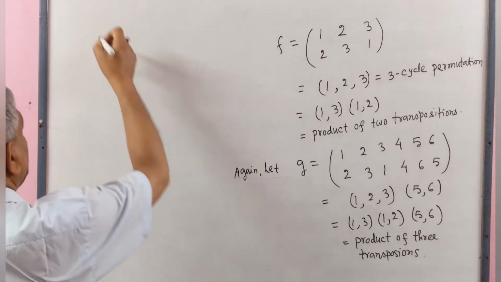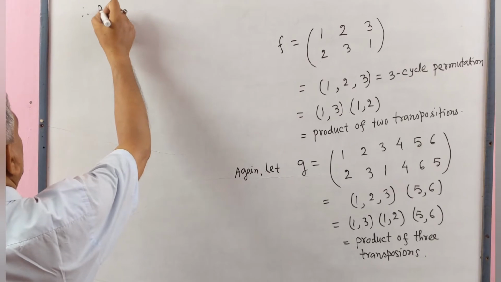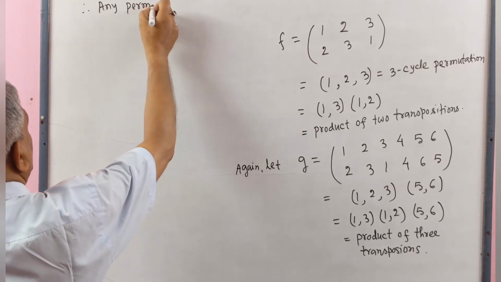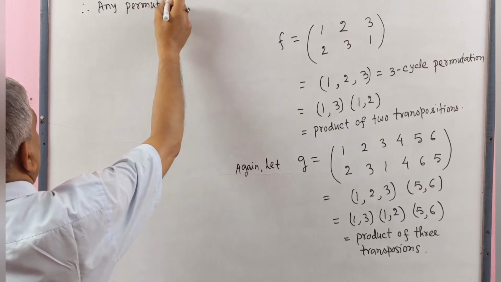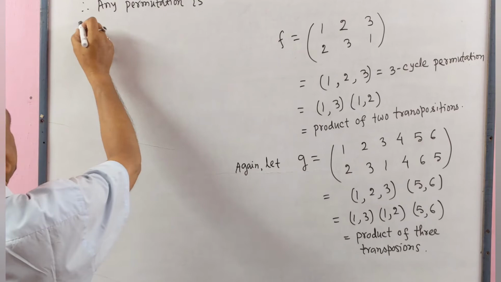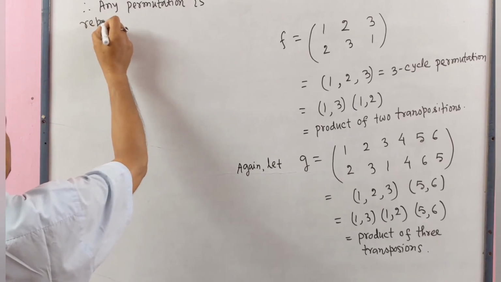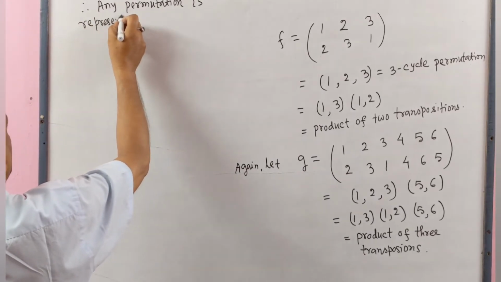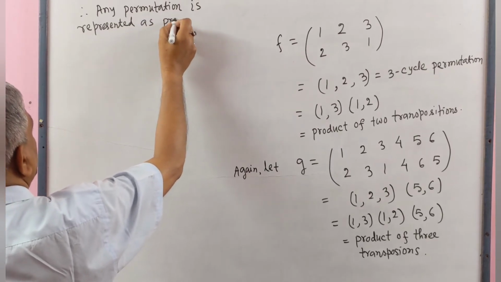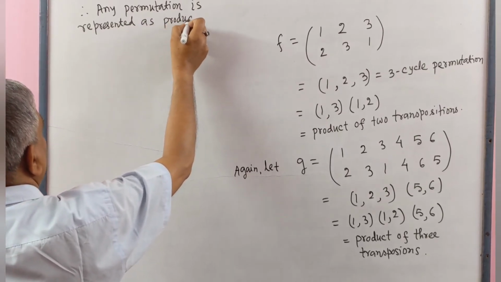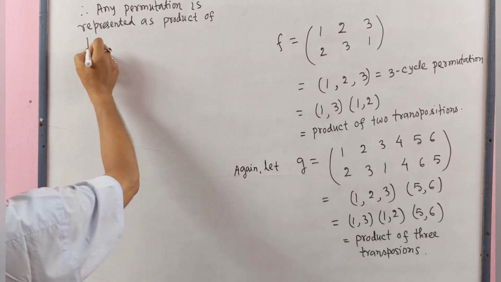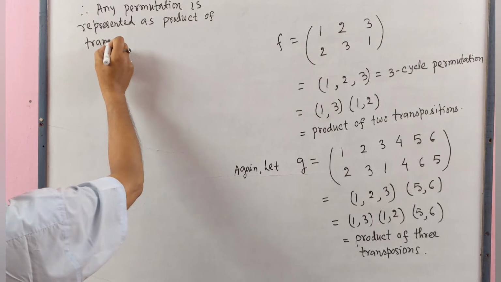Therefore, any permutation is represented as a product of transpositions.